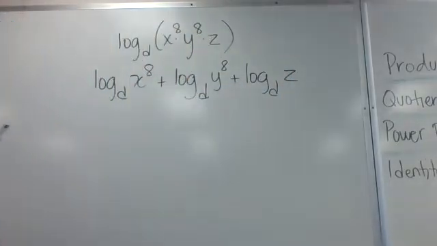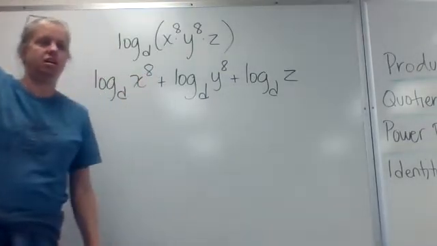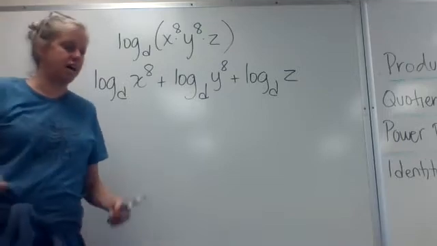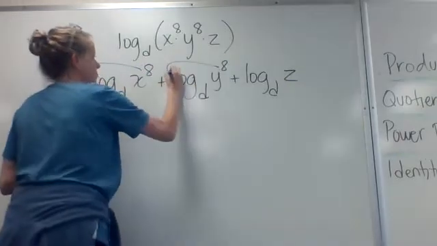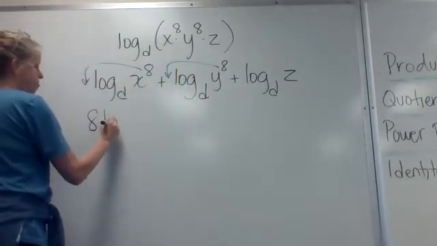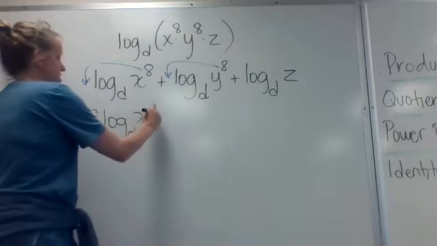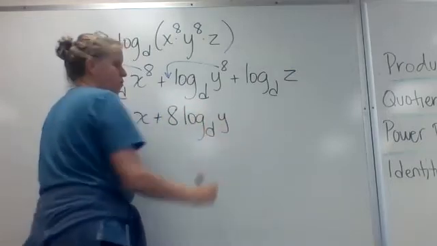So this one actually has one more thing I need to do. What do you do when your log has an exponent? Bring it down in front of the log and make it times. So these exponents come down. So you're going to have 8 times log base d of x plus 8 times log base d of y.